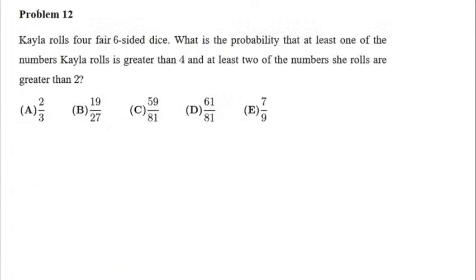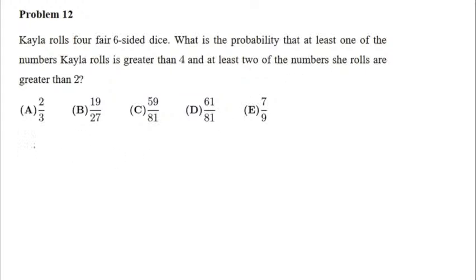Problem number 12 of AMC 2020 12B. Kyla rolls four 6-sided dice. So 4 times this die, what is the probability that at least one of the numbers Kyla rolls is greater than 4 and at least 2 of the numbers she rolls are greater than 2?